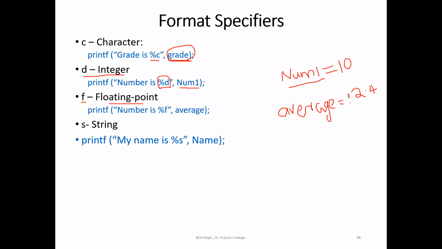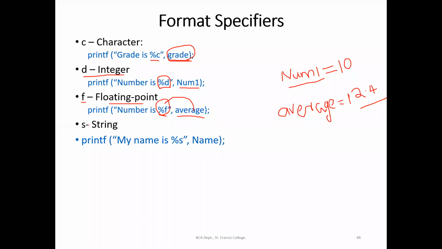Then using printf("number is %f"), this %f will be replaced by the value of the variable average. Here, instead of %f, the value 12.4 will be printed. If I am mentioning it as %d, it will give only 12, while if I am giving it as %f, it will give the decimal point also.